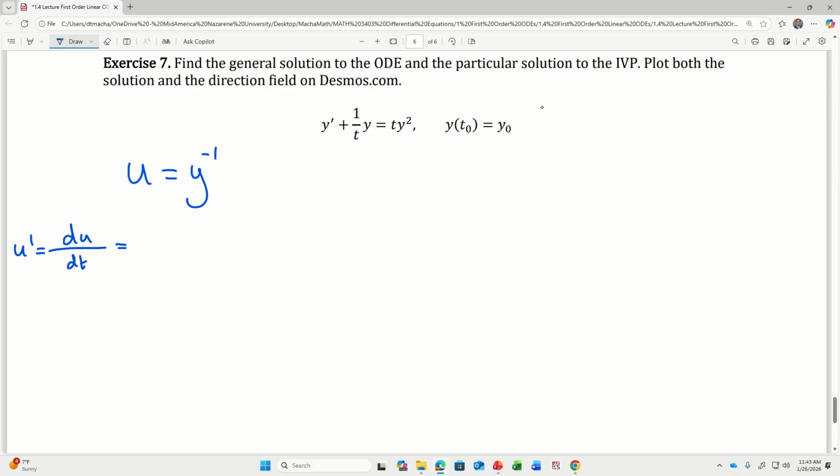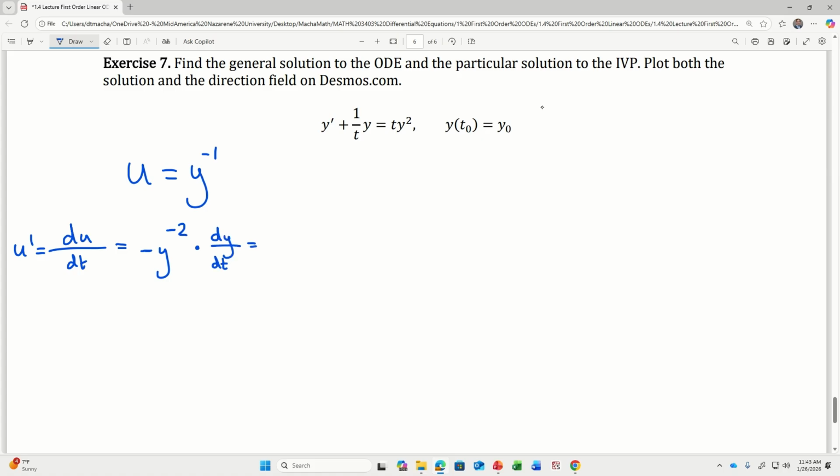Well, the derivative of y to the negative 1 power would be negative y to the negative 2 power. But because y itself is a function of t, I also have to use the chain rule here and multiply times dy dt.